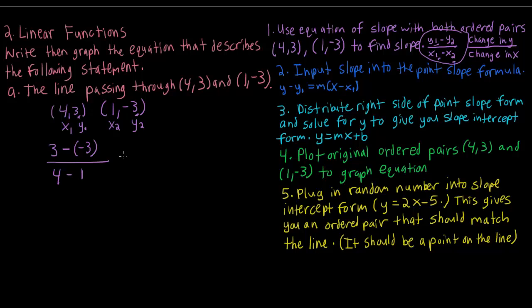If we evaluate this, 3 minus negative 3 is 3 plus 3, so it would be 6, and then 4 minus 1 would be 3. If you reduce it, 3 goes into 3 once, 3 goes into 6 twice, so you're left with 2, and 2 is m, and m represents your slope.